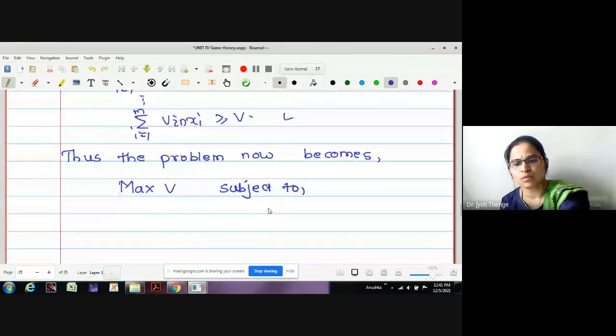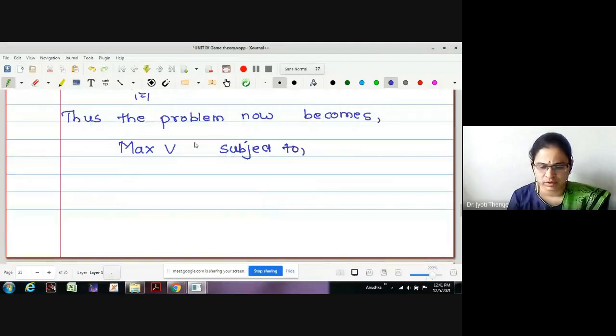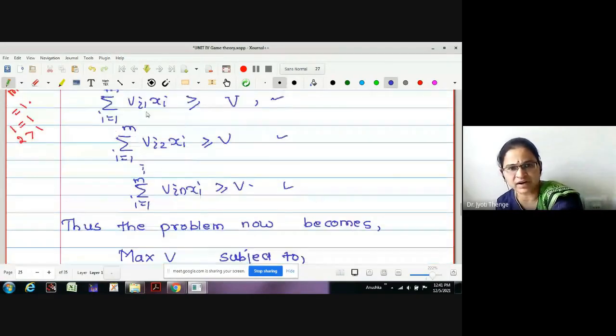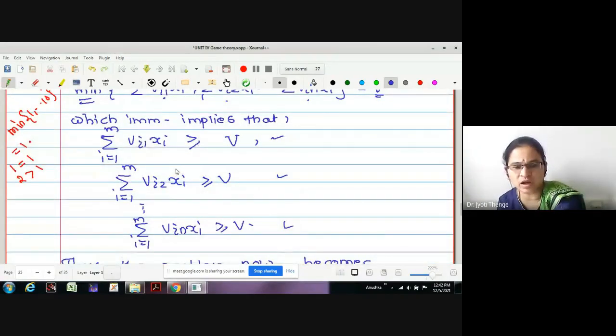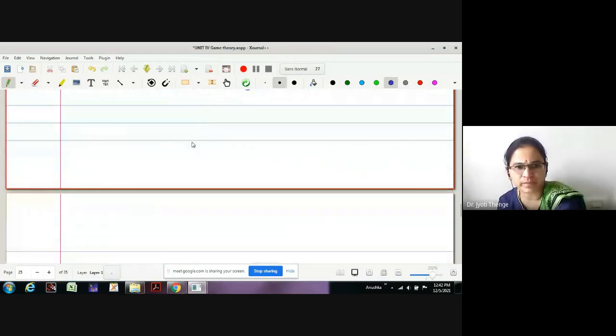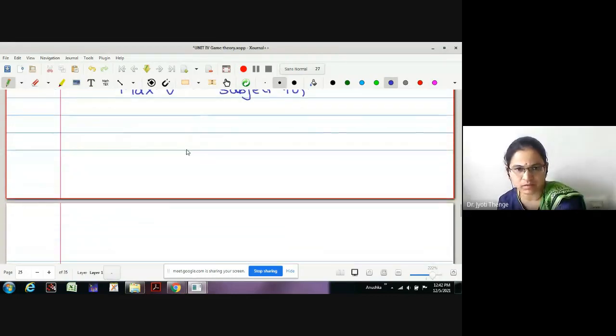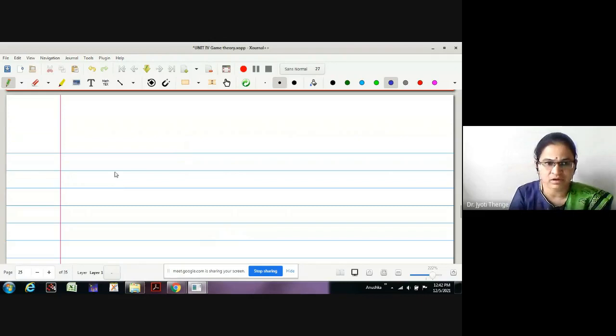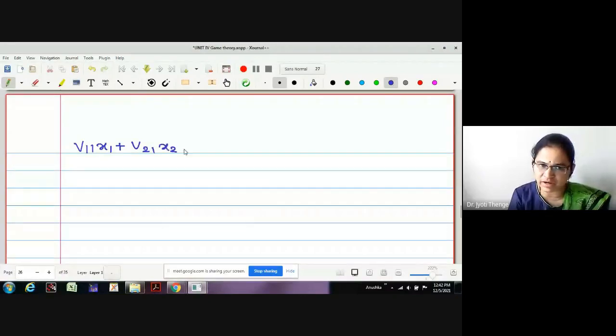the first constraint, which I will write as the summation over i. Let me go to the next page. It is v11 x1, v21 x2, and so on; column-wise we were writing, no? Don't forget.